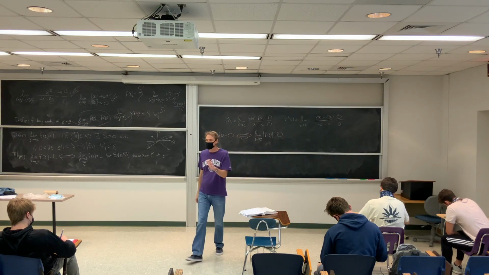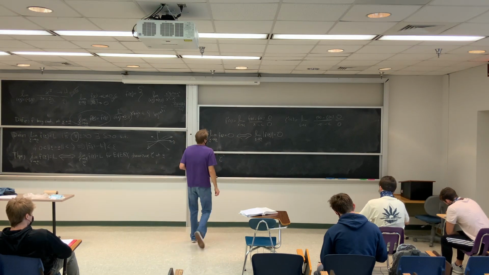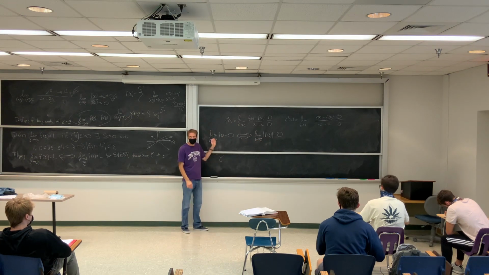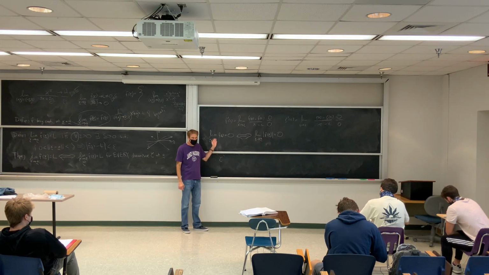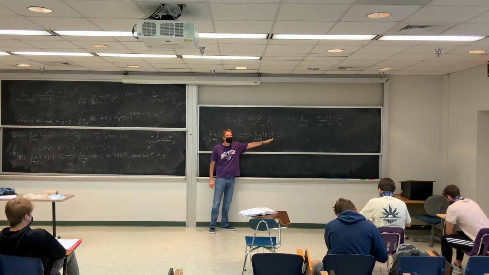This is something that I'm going to need. If the absolute value goes to 0, then the function goes to 0. If the function goes to 0, then the absolute value of the function also goes to 0.